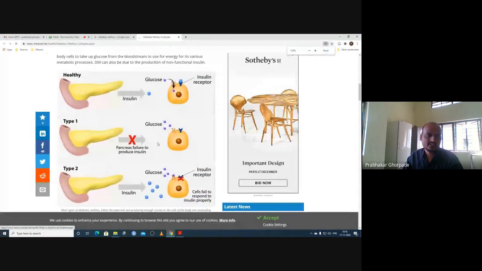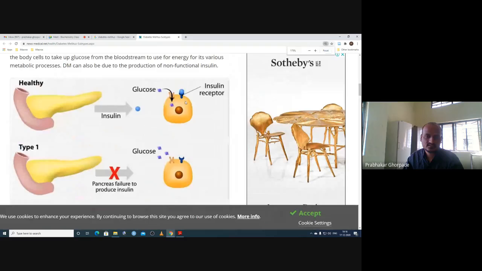Here we can see the pancreas and the intestine, and if insulin is there, the glucose gets inside our cells. On our cell there is an insulin receptor. These are our cells, and this is the insulin secreted by the pancreas.